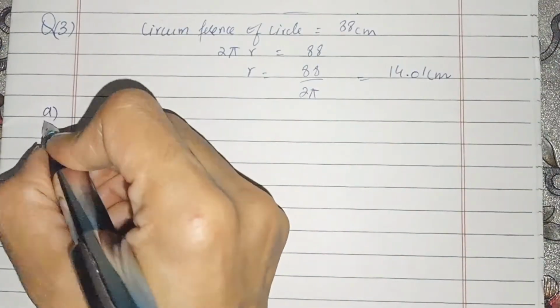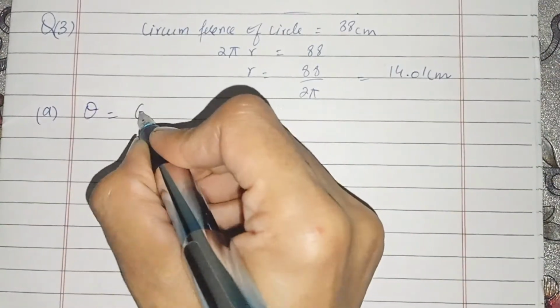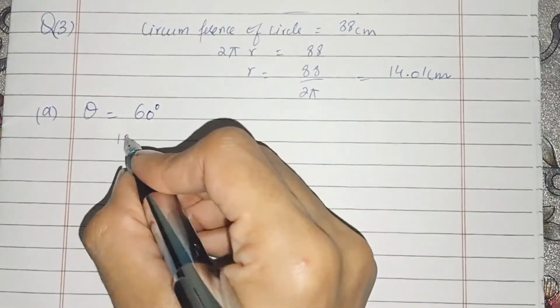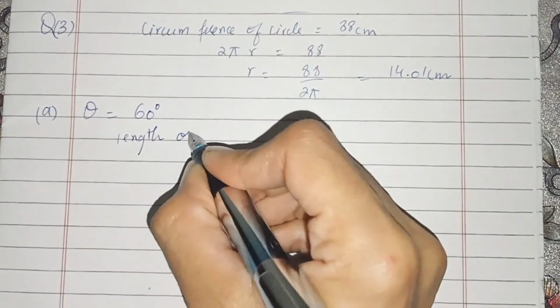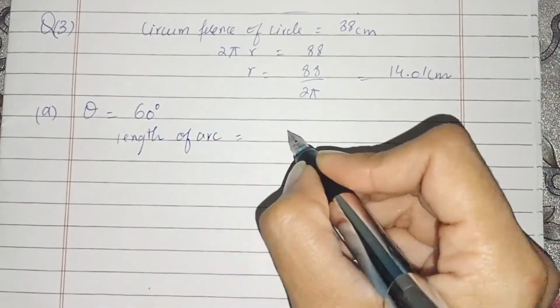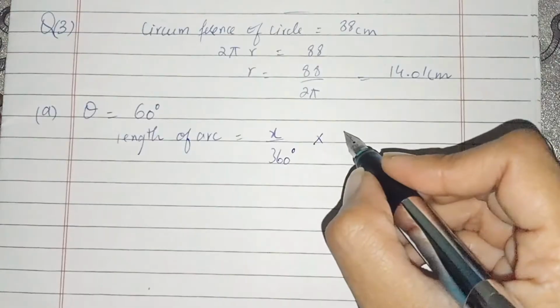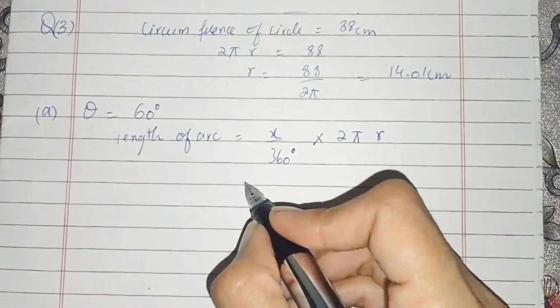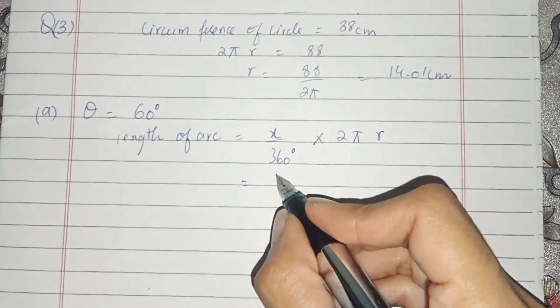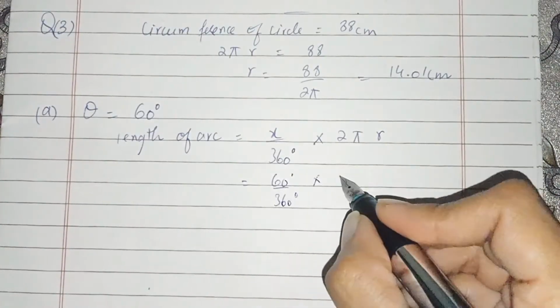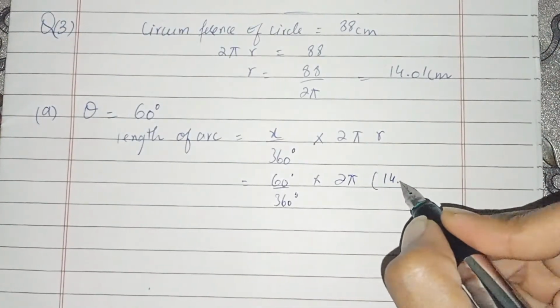In part number A, theta is 60 degrees, and we have to find the length of arc. Length of arc is x over 360 degree multiplied by 2 pi r. x is 60, over 360 degree, times 2 pi r.